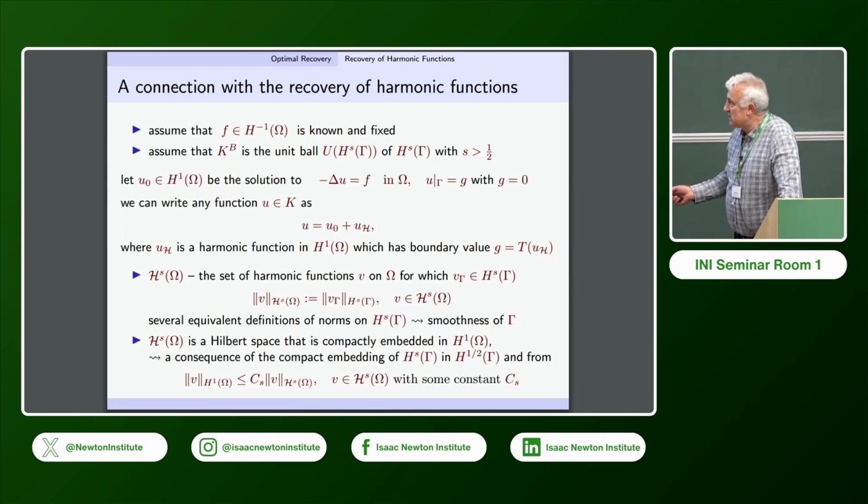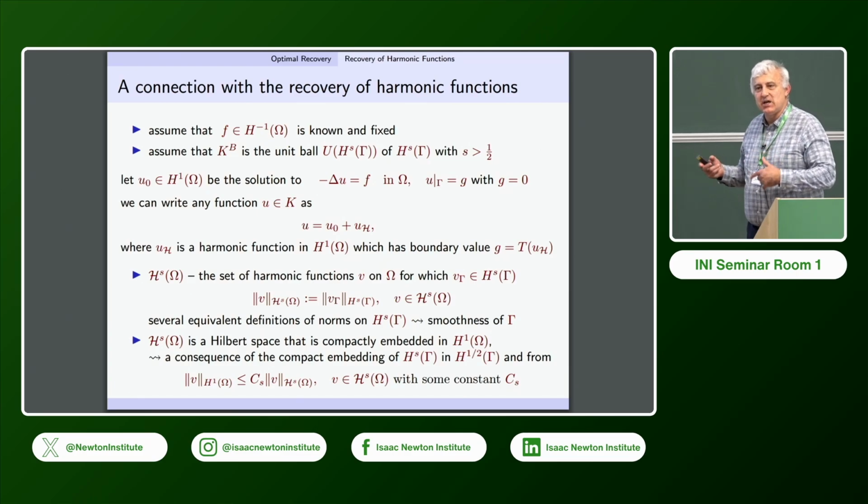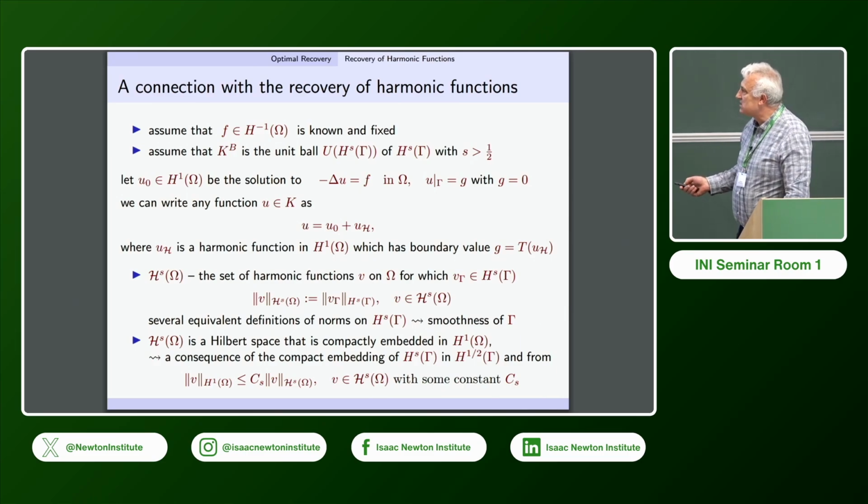So HS omega has nothing to do with the curly HS, with the straight H, because of that.